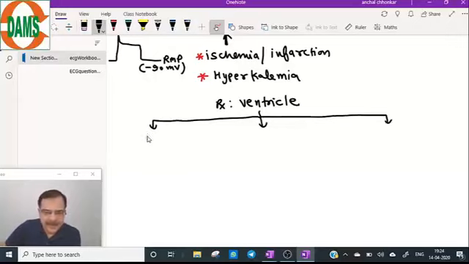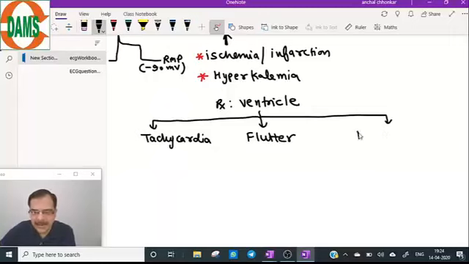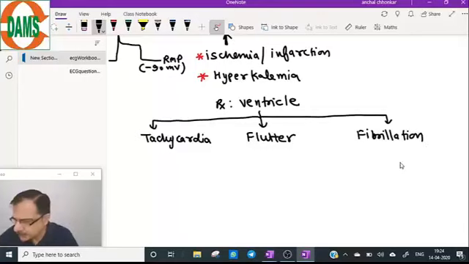There are three ventricle arrhythmias we have seen: ventricle tachycardia, ventricle flutter, and ventricle fibrillation. These are the three important ventricle origin arrhythmias.